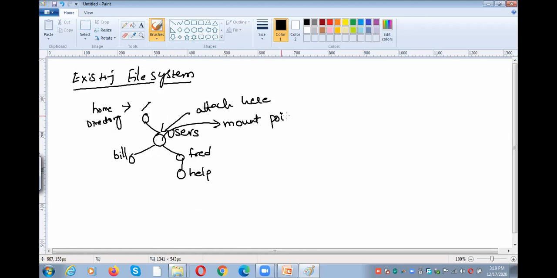Mount point means where you want to attach the file system. That particular location is called a mount point. So you want to attach another file system here, at users.